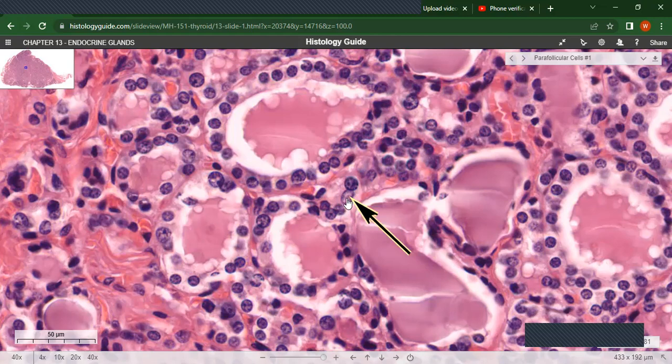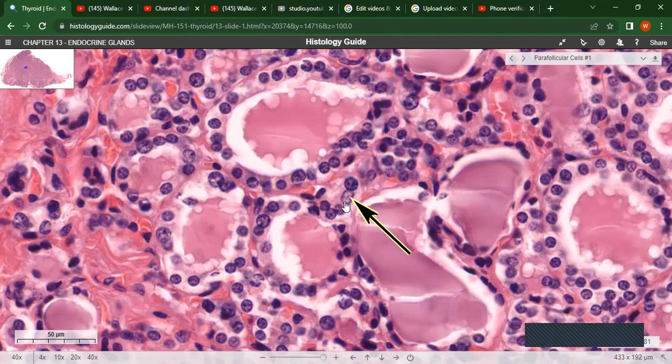The parafollicular cells secrete the calcitonin hormone. Calcitonin lowers serum calcium levels in the blood. How does it lower? It inhibits the activity of the osteoclasts. By inhibiting the activity of the osteoclasts, we lower bone resorption.